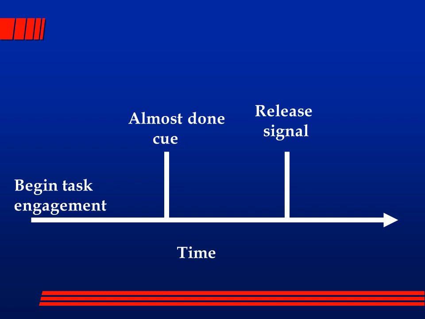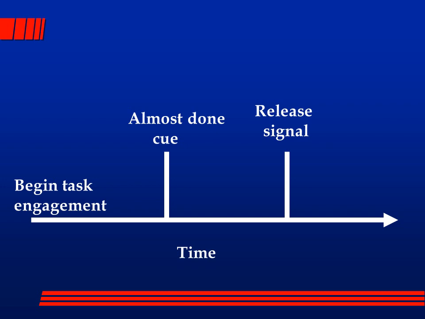So let's say you're teaching a student to ask for a break, and the student's been engaging in some kind of problem behavior to escape a demand. So you teach the student to ask for a short break instead of engaging in a problem behavior like property destruction. Initially, you want to give the student a break right away. Later on, though, you want to start introducing this delay cue.